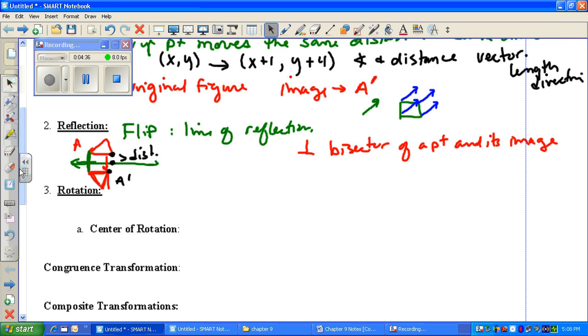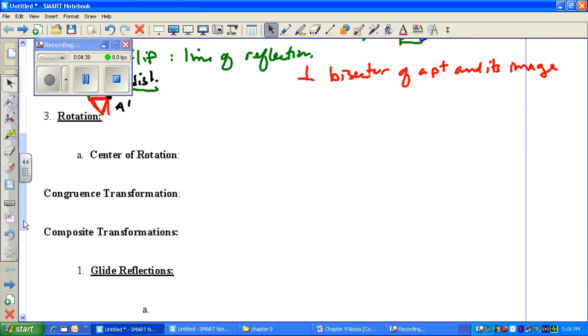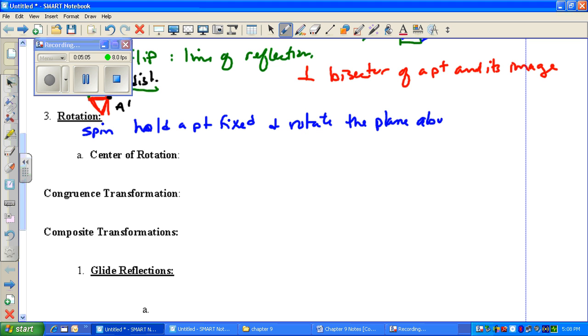When I have a rotation, I like to think of it as a spin. You have to be a little careful about the spin because the point can be located in several areas. So what you do is you hold a point fixed, meaning that you're not going to move it, and you rotate the plane about the point.